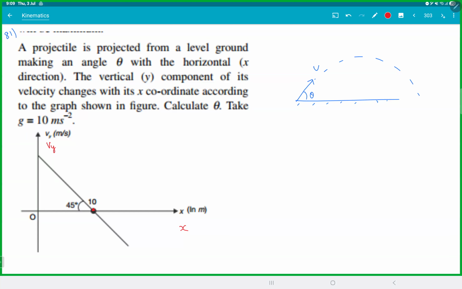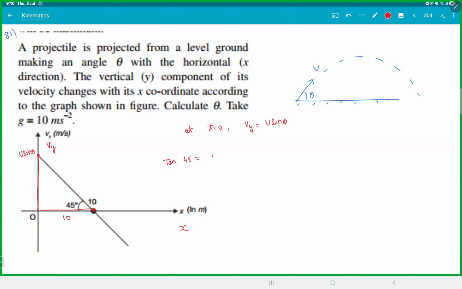See, if this will be your initial velocity, which is u sine theta. At t0, Vy is u sine theta. This is 10, that is 45.